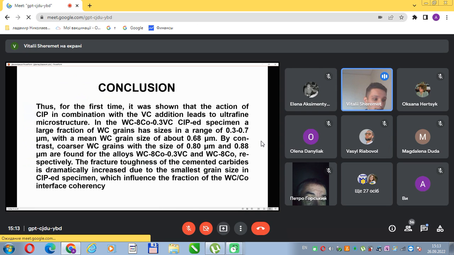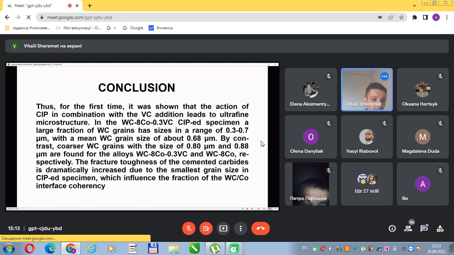By contrast, coarser tungsten carbide grains with the size of 0.8 micrometer and 0.88 micrometer are found for the alloys with vanadium carbide and without, respectively.